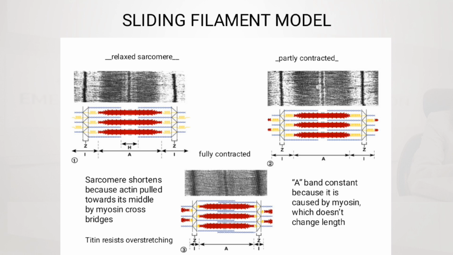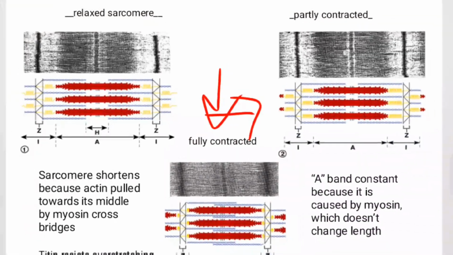Okay, so when it is fully contracted, it looks like this. Down here, that's how it's going to look. Let me try to zoom in. Okay, that's when it is fully contracted.